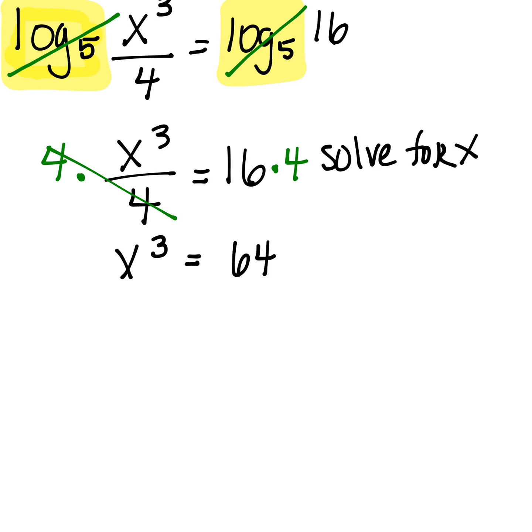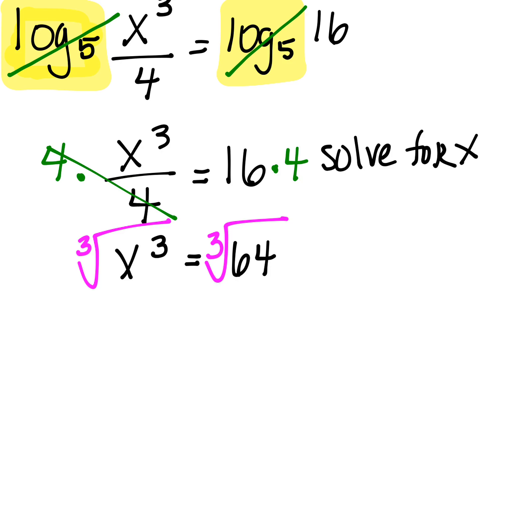Okay, so let's try to rewrite this, because this is x to the third. We can't rewrite them as the same base. That just doesn't work. But can we take the cube root here? Can we take the cube root of both sides? Well, let's see. So if I take the cube root here and the cube root over on this side, well, what am I left with?